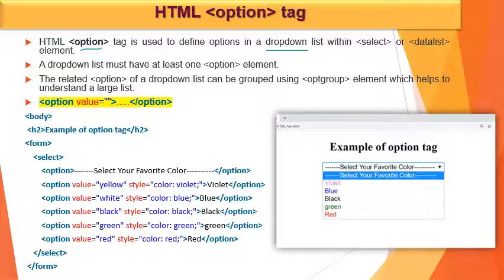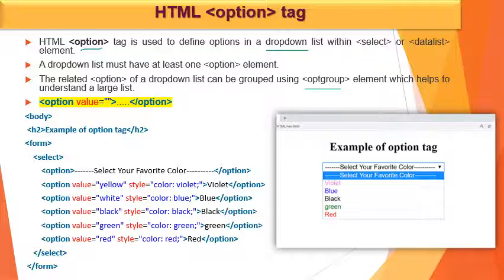The drop-down list must have at least one option element. Any drop-down list may contain multiple elements, but we have to select only one element. Now, the related options of a drop-down list can be grouped using the optgroup element, which will help to understand a large list.